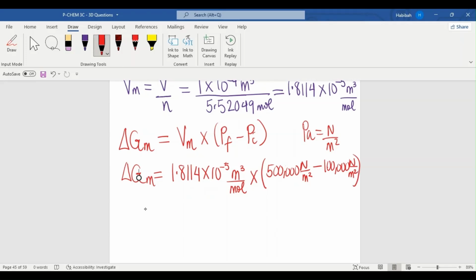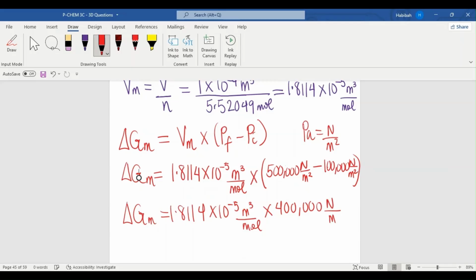So that's how it's done. You have change in G of M to be 1.8114 times 10 to the power negative 5 meter cube per mole times 400,000 Newton per meter squared.